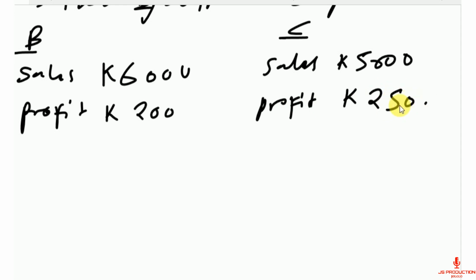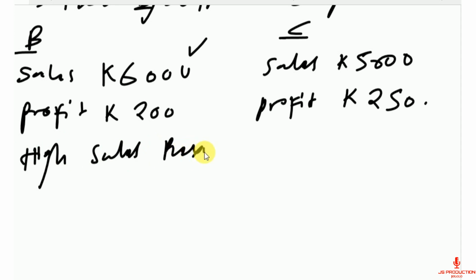From this information, if the user has to make a decision on which company to invest in, and the user is looking for high sales revenue, they are going to invest in company B because the sales were 6,000 in B, and in C they were 5,000.